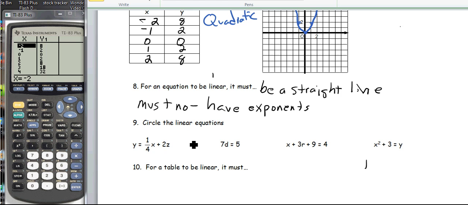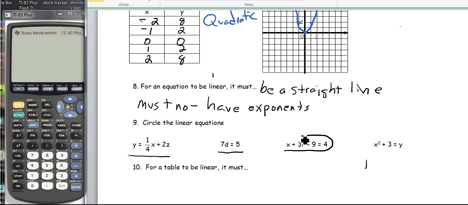All right, circle the linear equation. Well, does this have any exponents? Okay, it does not have any exponents. So this would be linear. This does not have any exponents.